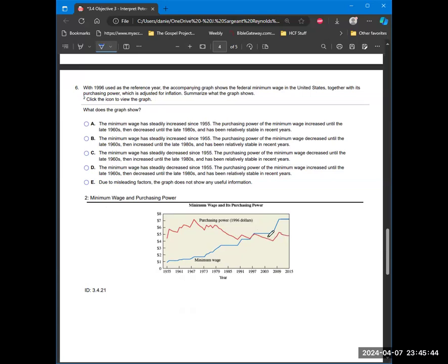So you're making more money, but that money is actually buying less stuff because the dollars that you're earning are worth less. If that makes sense, that's kind of what it's showing us.